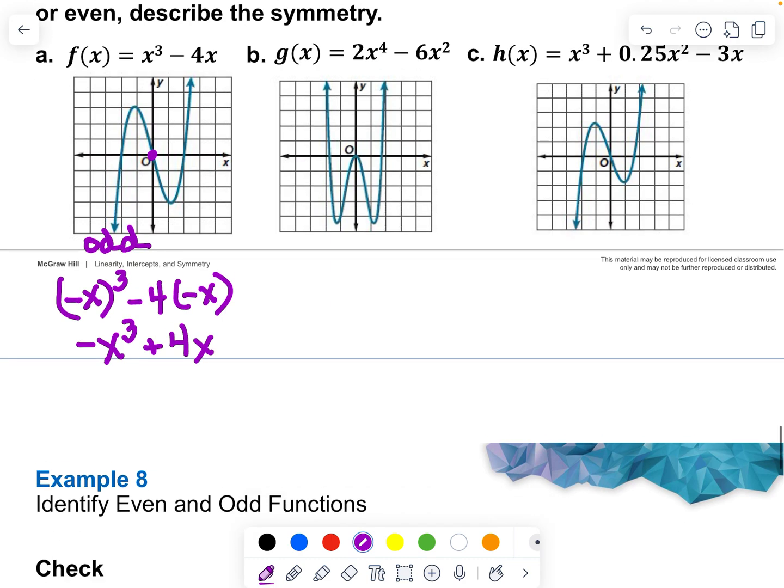And so my test is, when I plugged in a negative x, did I get the negative function? Or did every sign change? Let's check. Positive x to the third, negative x to the third. So that is opposite. Negative 4x, positive 4x. And that is opposite. So algebraically, it also shows that it is an odd function.